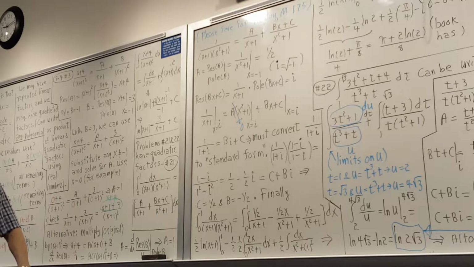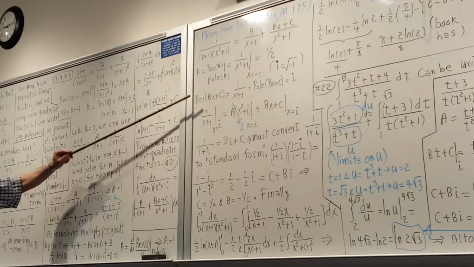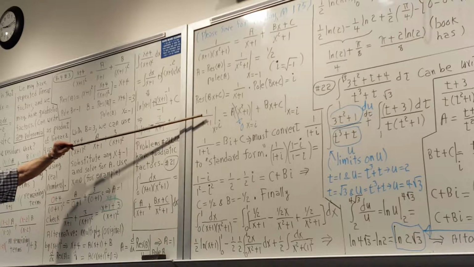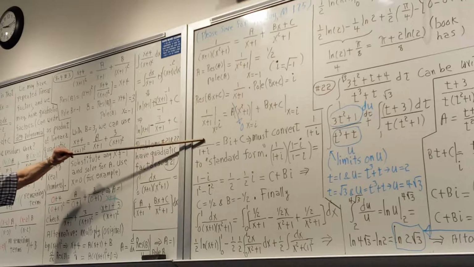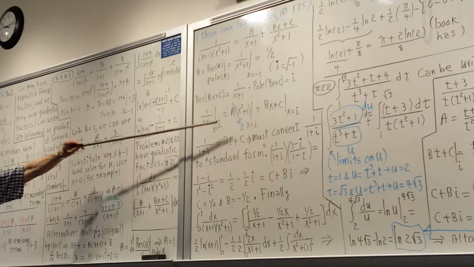The only price that you pay is that you're working with complex numbers. This is why you took Math 108, learned to work with complex numbers, then did some more in Math 143 or 147. So put the i in here, and you have 1 over 1 plus i.